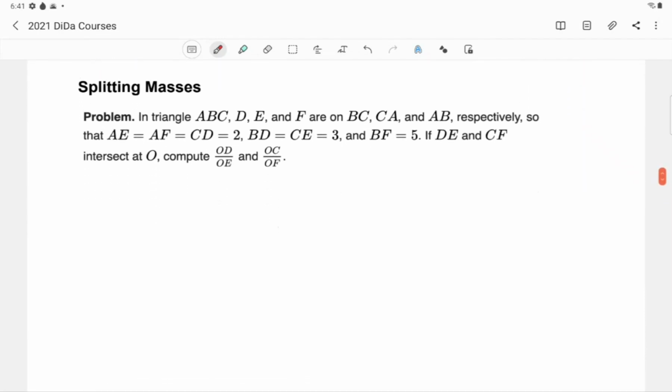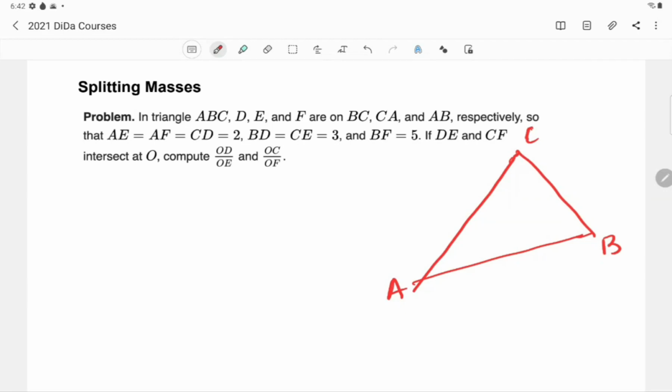Let's move on to the second pattern of mass point geometry. In this case, there's a triangle. I don't know whether I'll draw it in proportion, but just bear with me, okay?